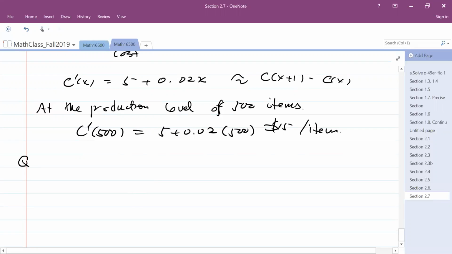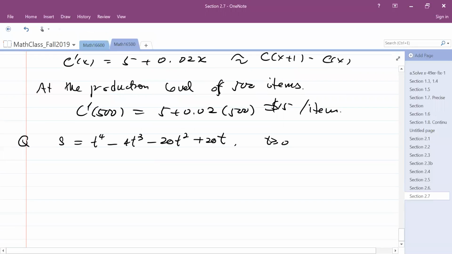So let's look at the next problem. S is a position function, with t greater than or equal to 0. The velocity is just the derivative of the position function with respect to t.